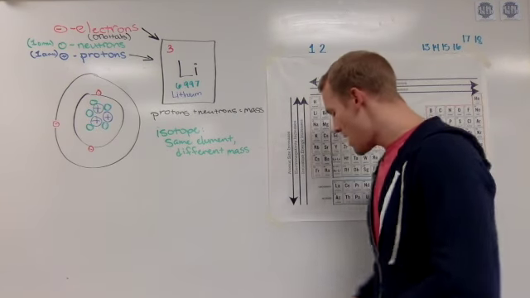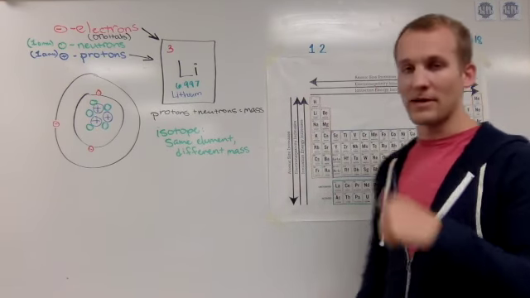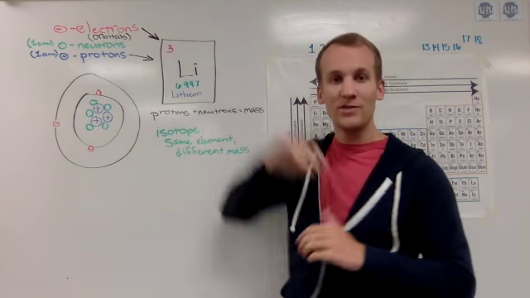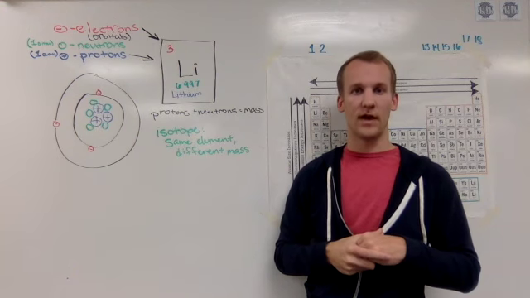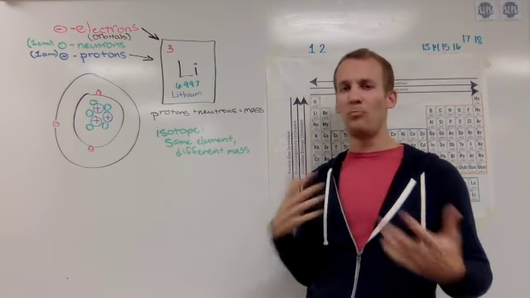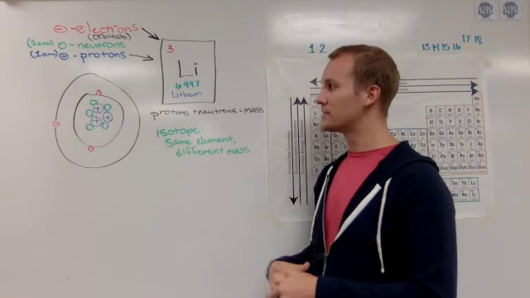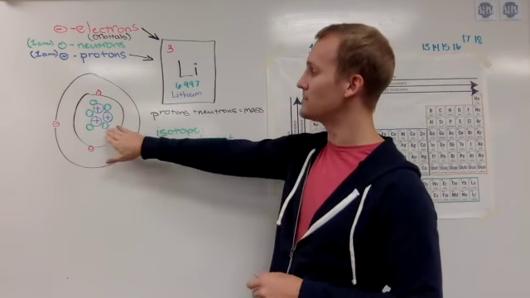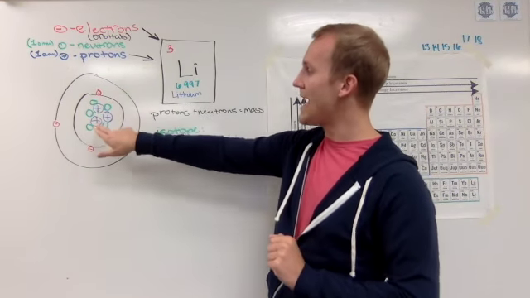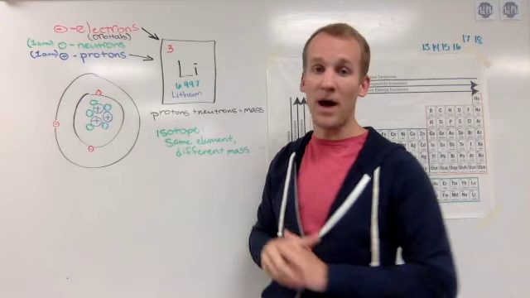Now, we also briefly mentioned the idea of ions. If we change that number of electrons, then that's going to change how balanced our atom is. Right now, you can see in this model, we have 3 negative particles and 3 positive particles.